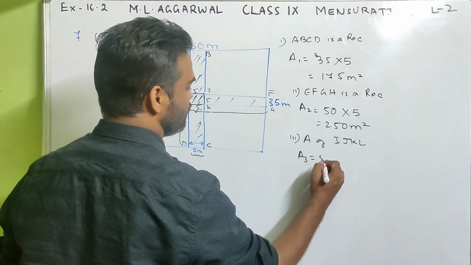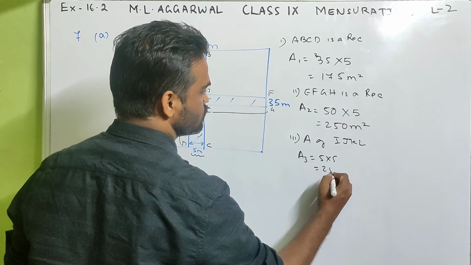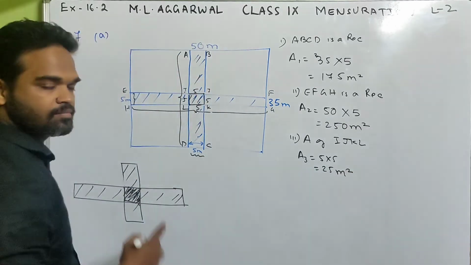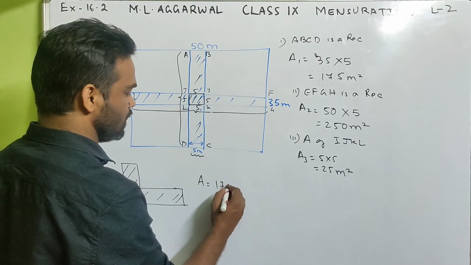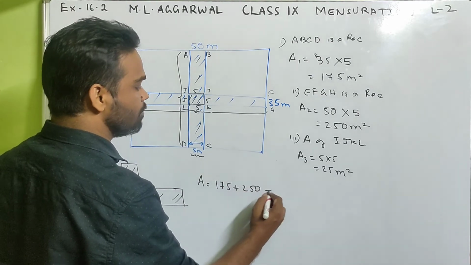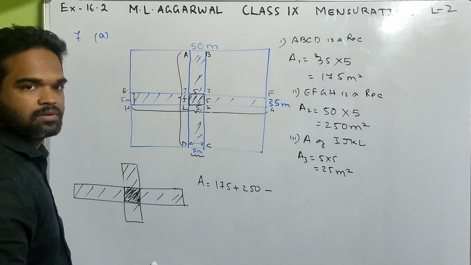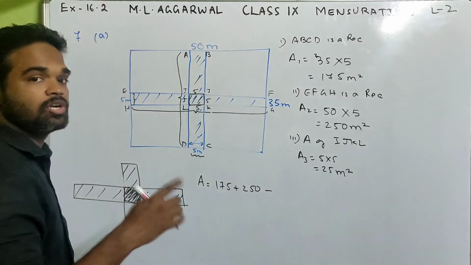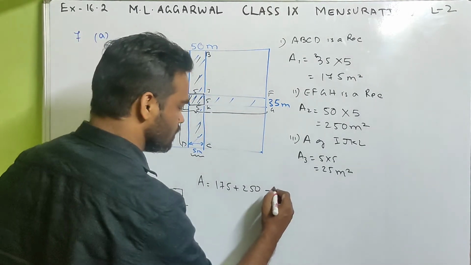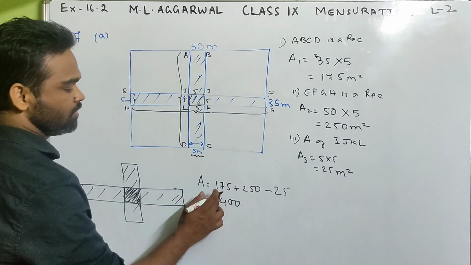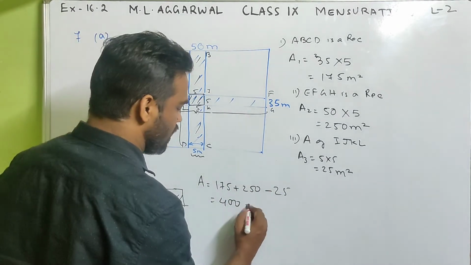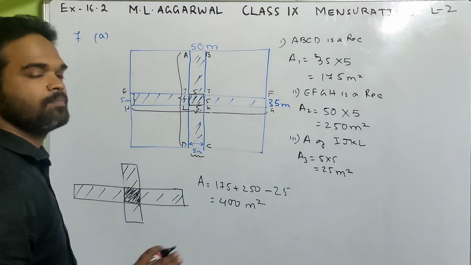So area will be 5 into 5, that's 25 meter square. So area of shaded region is area of the two rectangles, 175 plus 250, minus the common area, because that area was calculated twice when you add these two, minus 25. So that's 425 minus 25, 400 meter square.